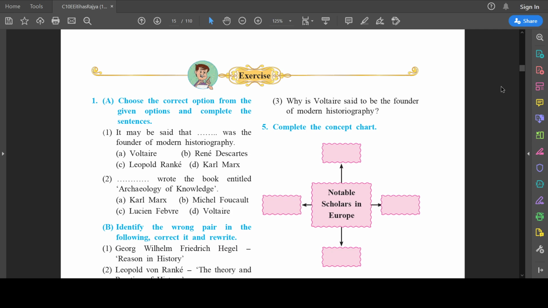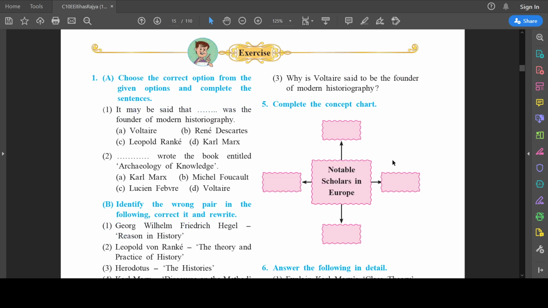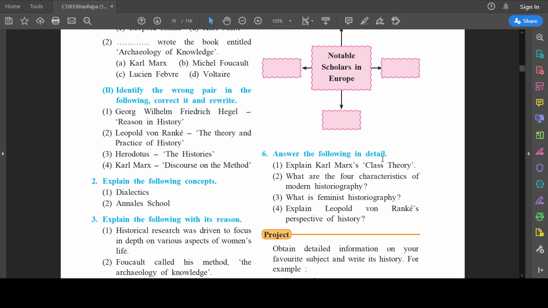Now we'll go back to page number 6 and we'll see question number 6.2. What are the 4 characteristics of modern historiography? Now the answer to this question is on page number 2.